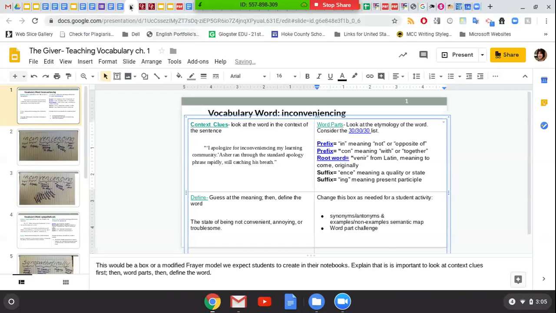We said that it's originally from GWA, and I would have that linked. Or it's okay to get them used to searching those root words too. That would be okay. But if I had them do a word part challenge, it might look something like this.